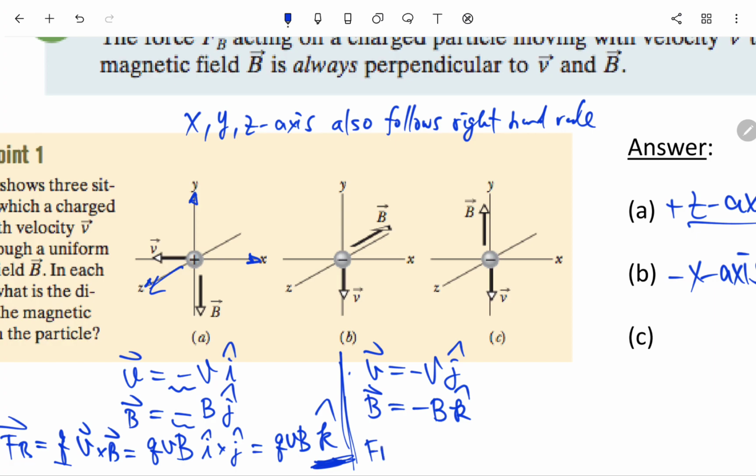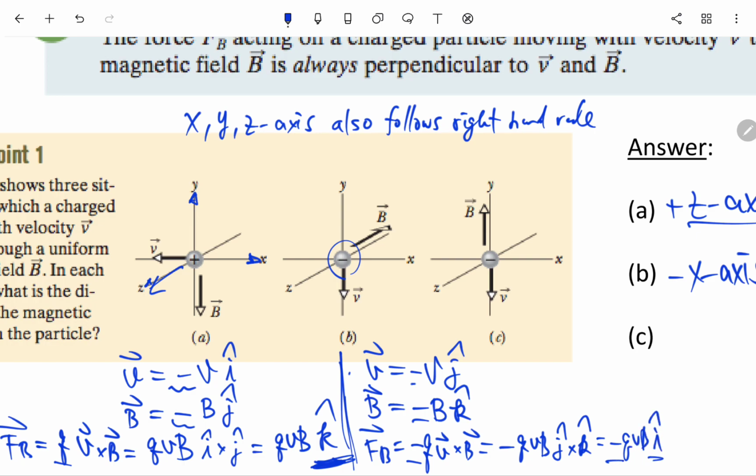For FB, this is a negative charge, so we write negative q v cross B. We count negative, negative, negative, so it is still negative qvb, and then we have j cross k, which will be positive i. So finally it becomes negative qvb i hat.